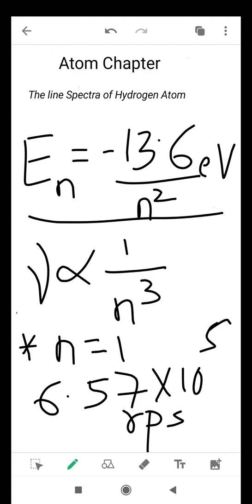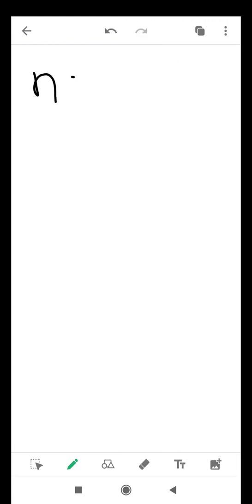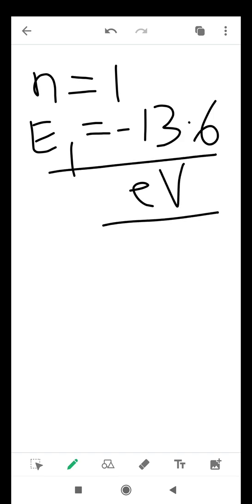For n equal to 1, the total energy is minimum, E1 is equal to minus 13.6 electron volt. This state is said to be the ground state of hydrogen atom.